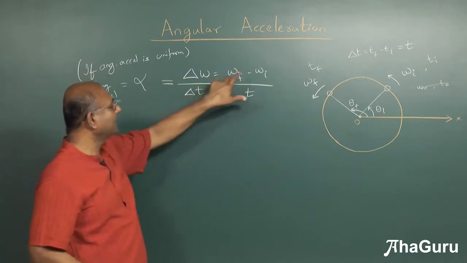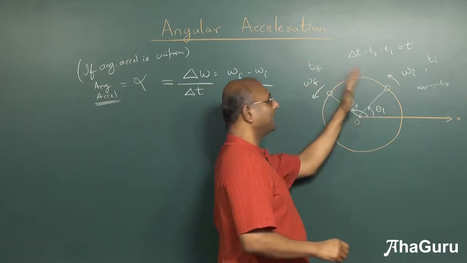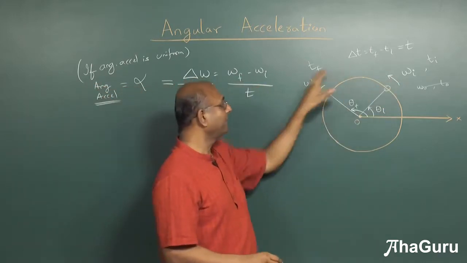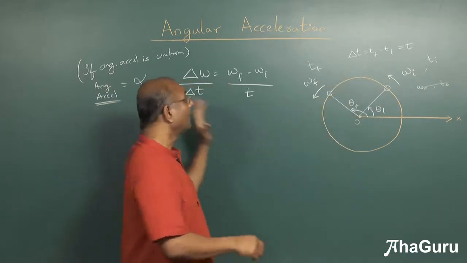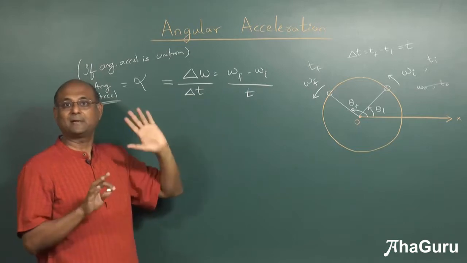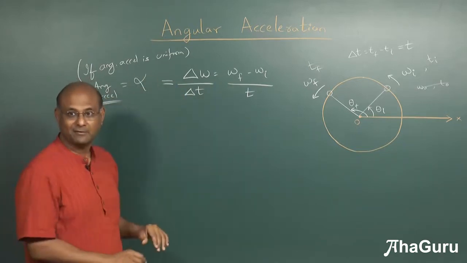This quantity is the rate of change of angular velocity. That is, if I went from here to there and I found that alpha was the same, and when I went from here to here, alpha was the same, whatever I do, however I calculate alpha, it turns out always to be the same, then we can use this as the definition for alpha.